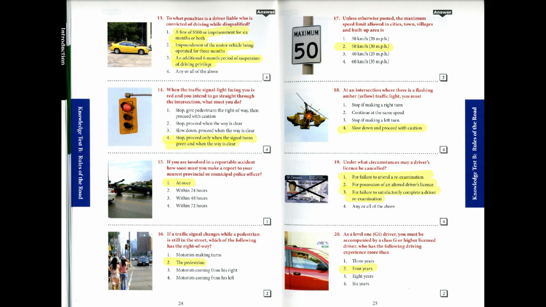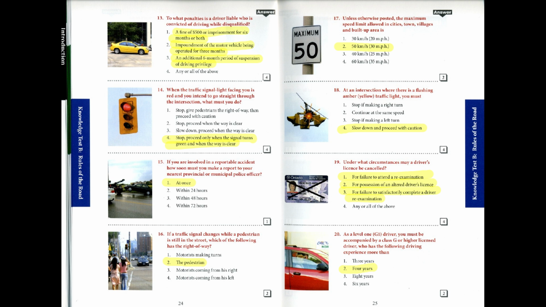Number 15. If you are involved in a reportable accident, how soon must you make a report to your nearest provincial or municipal police officer? Report it at once. Number 16. If a traffic signal changes while a pedestrian is still in the street, which of the following has the right of way? The pedestrian has the right of way.